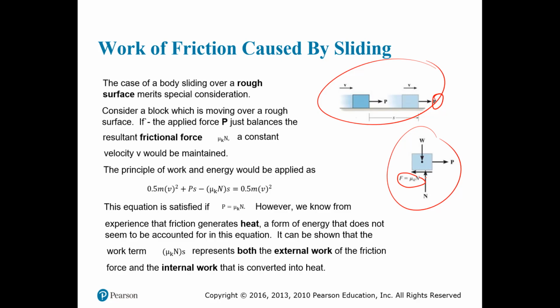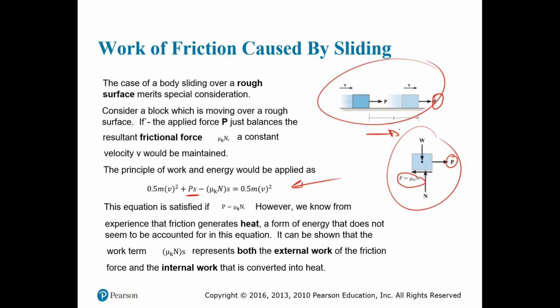Okay, this is not an ideal case where friction is not considered. So we're considering friction. When we are writing the equation between work and energy right here, what is happening is that we are including the work done due to this force, which is work equals force times displacement, and that's what you have right here. And it will be positive because it's helping the displacement, it's moving with the direction.